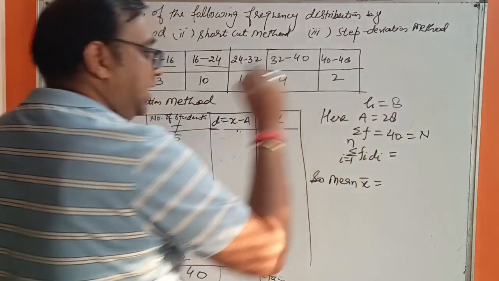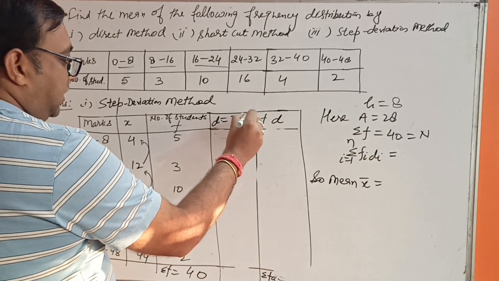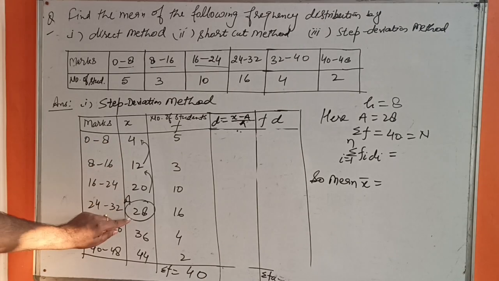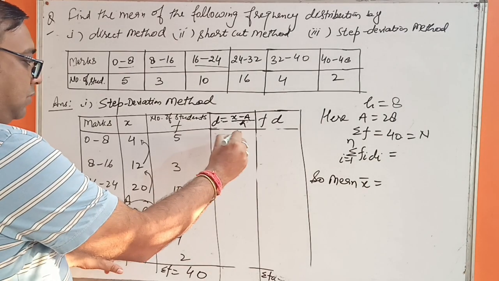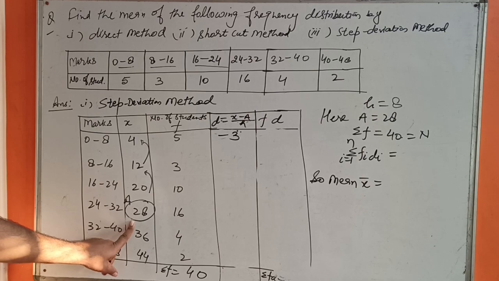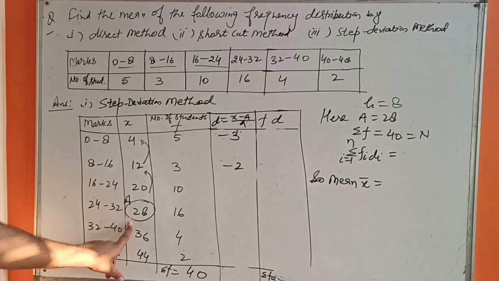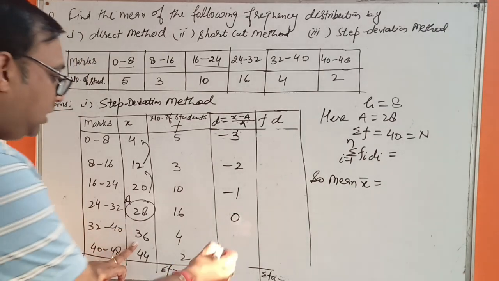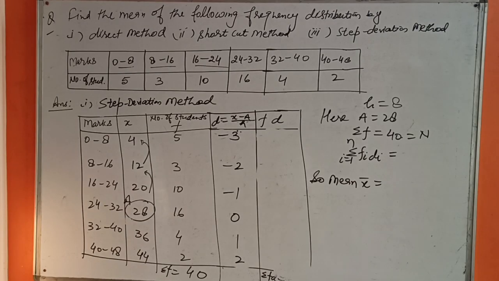So h is 8. We can get D in this method as x minus A upon h. So x minus A, that is 4 minus 28 is minus 24, divided by 8, is minus 3. 12 minus 28 is minus 16 divided by 8, minus 2. 20 minus 28 is minus 8 divided by 8, minus 1. This is 0. Similarly, this is 1 and this will be 2.